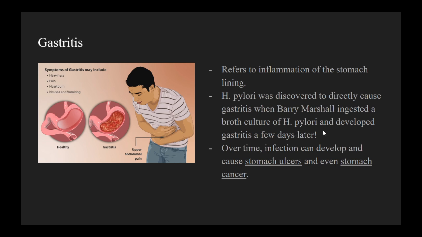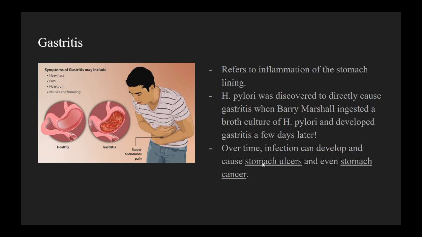And what happened is that he actually developed gastritis in like 4 or 5 days, I think. So he kind of proved that, and he actually won the Nobel Prize for his research on this bacterium. And then he cured himself using a series of antibiotics after a few days. So I just think that's one of the most interesting stories that I've heard recently in science.